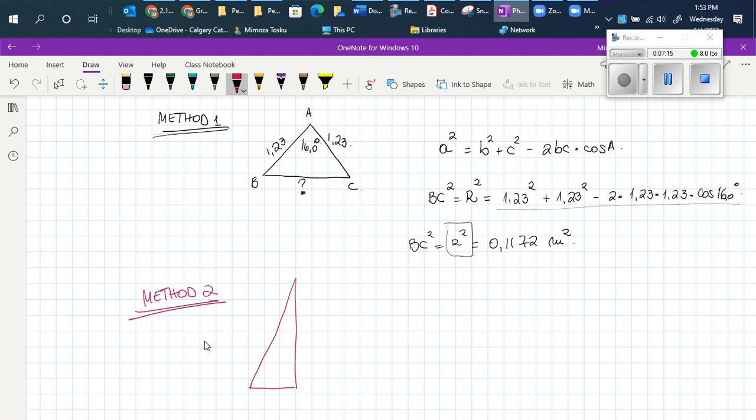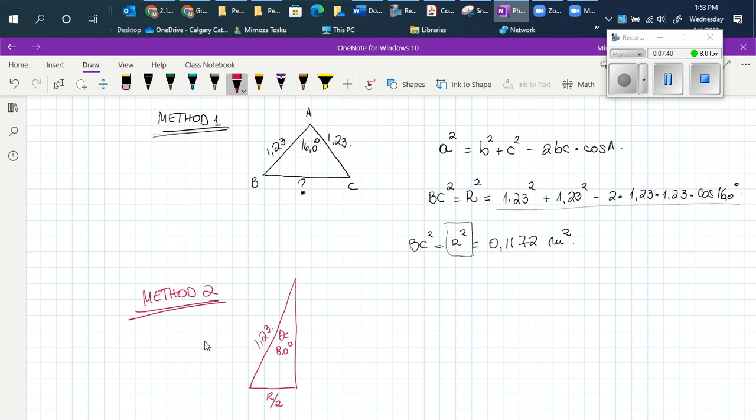So we divide that triangle into 2, and then we have here that angle theta is equal to 8 degrees, and this length is 1.23 meters, and we find this, that actually is the distance divided by 2, or half of the distance, since we are dealing with a symmetrical situation.